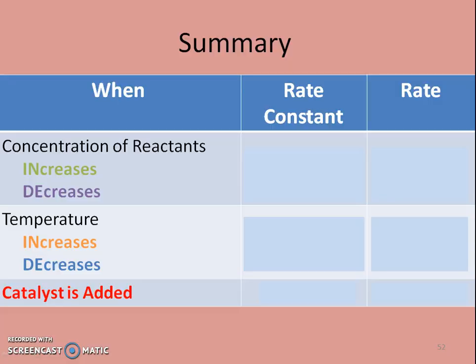So you want to remember that a catalyst is just going to speed that up. So why don't you pause the video and see if you can fill in these blanks. I'm just looking for increasing, decreasing, or maybe no change, and then play the video to see if your chart matches my chart, or at least think about them first before you fill it in.